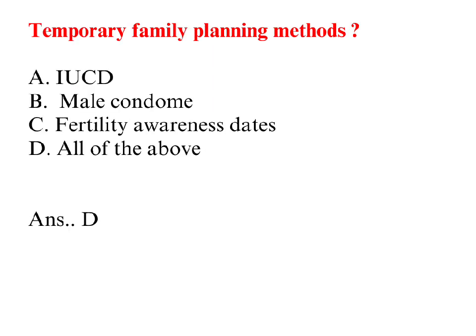Next question. Temporary family planning methods. Answers are A IUCD, B male condom, C fertility awareness dates, D all of the above. Temporary methods are not permanent; permanent ones are vasectomy and tubectomy. Temporary methods are spacing methods. A is the intrauterine contraceptive device, it can be used. B male condom. C fertility awareness dates, where a safe period is followed, so those dates should also be followed.